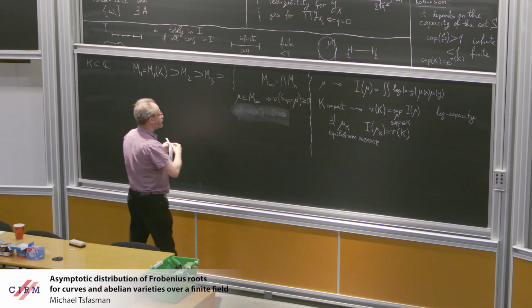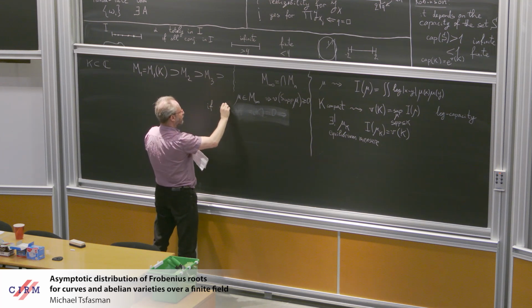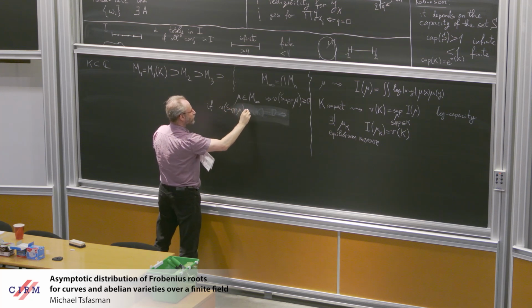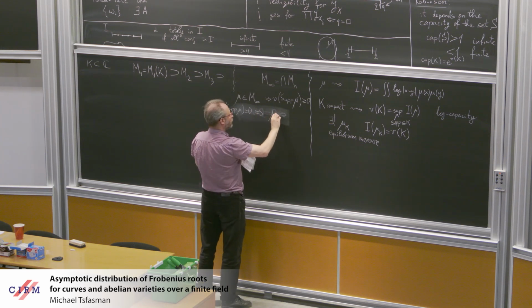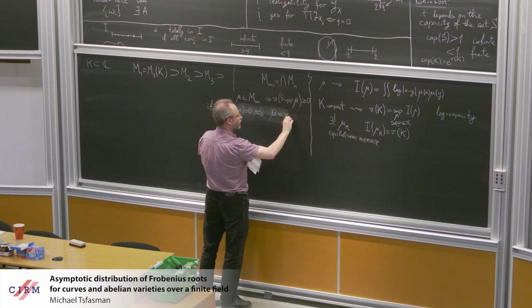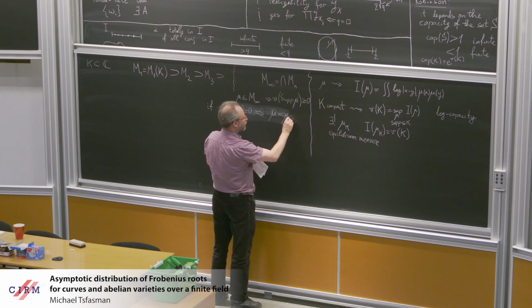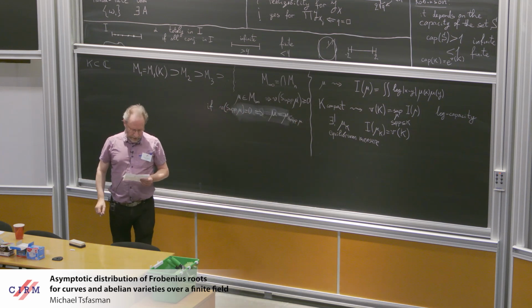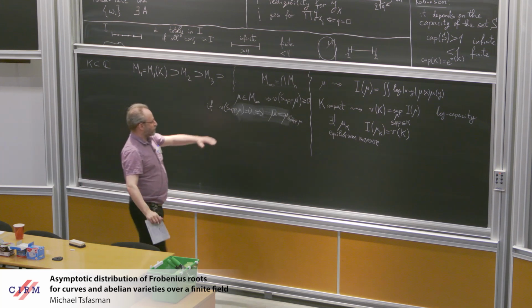So if V of the support of mu is 0, then mu equals mu K. Then mu is the equilibrium measure of its support. Therefore, this is the necessary condition.